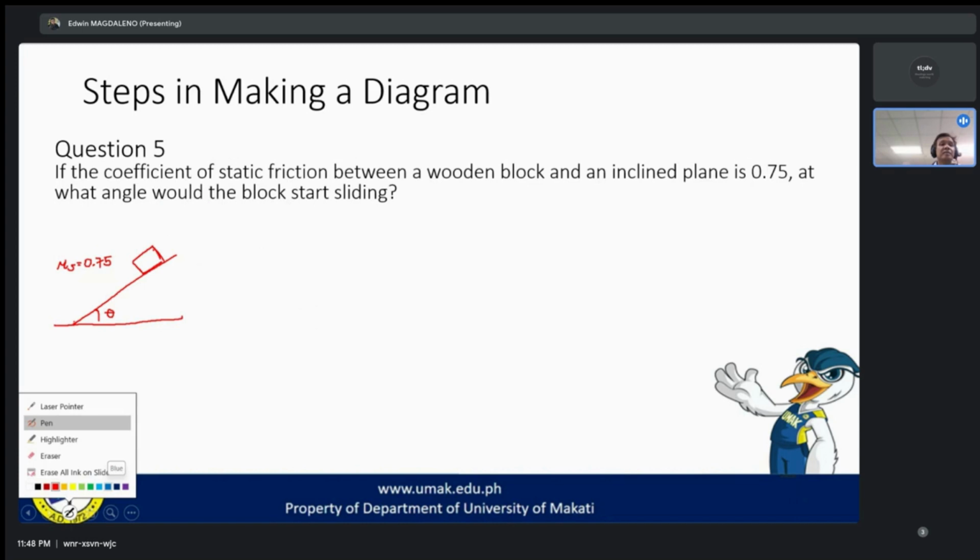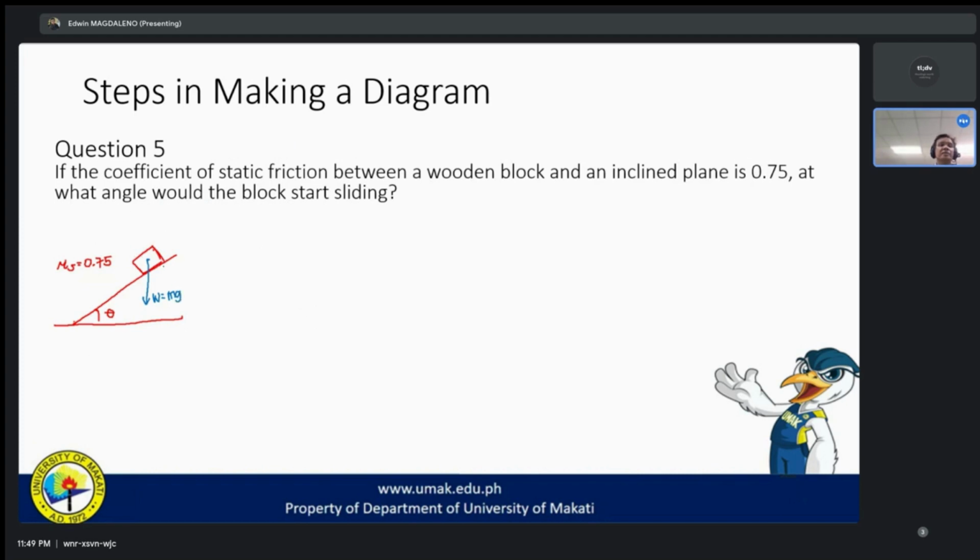So from that term itself, merong weight si object. So we have the weight downward, which is equal to mass times gravity.